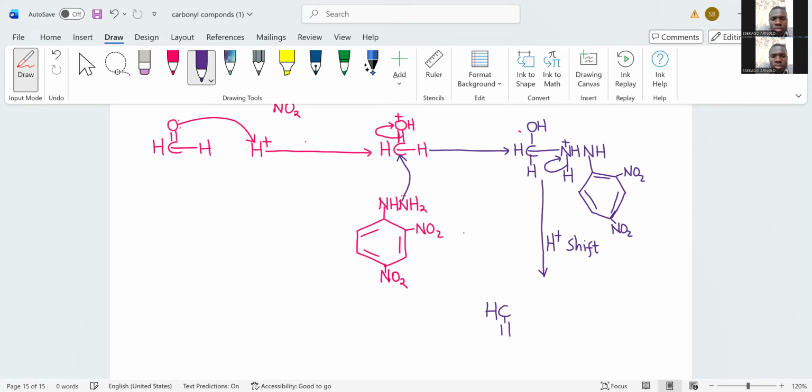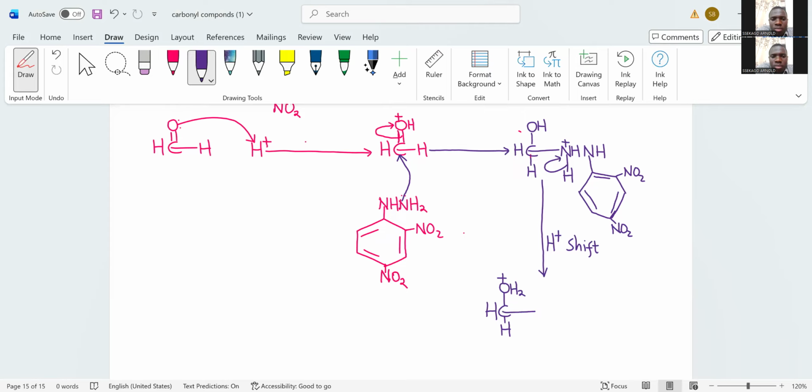Resulting in formation of H, C, H. Now this C with O and the 2. Okay, I continue. This O has a plus because it has donated.